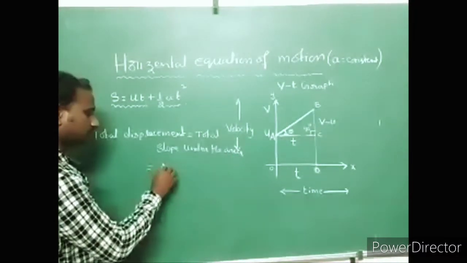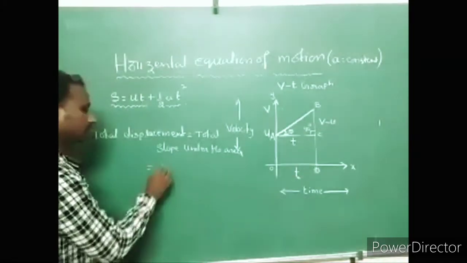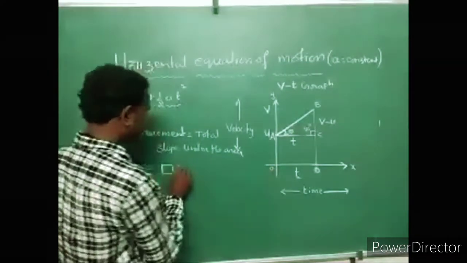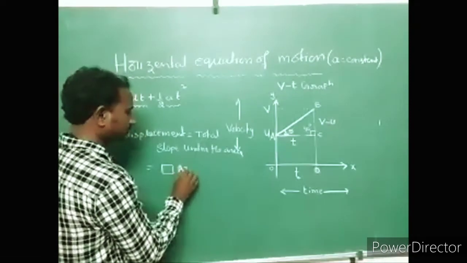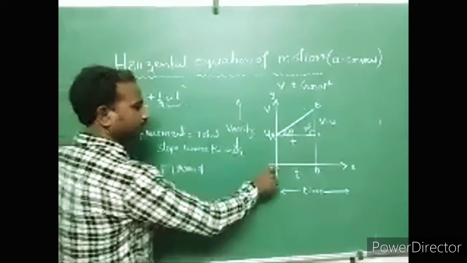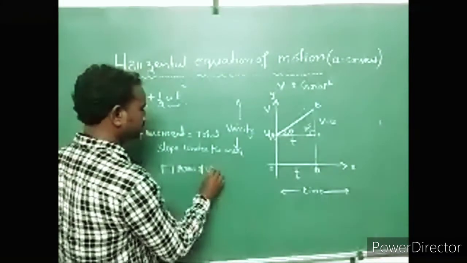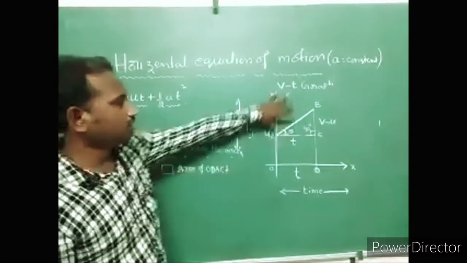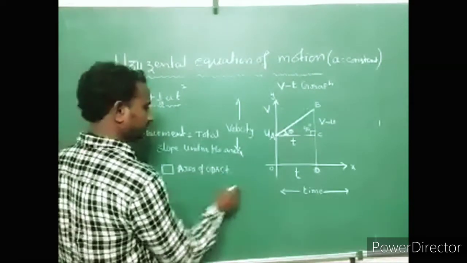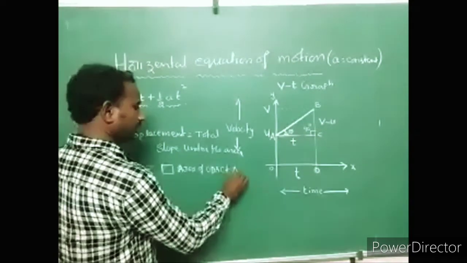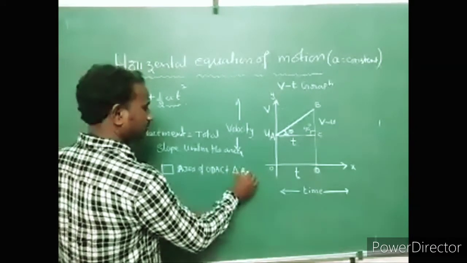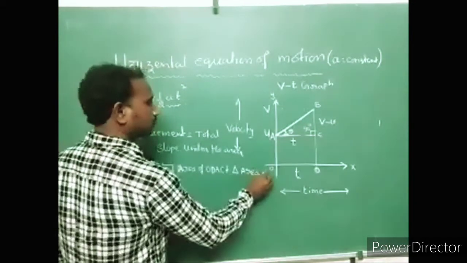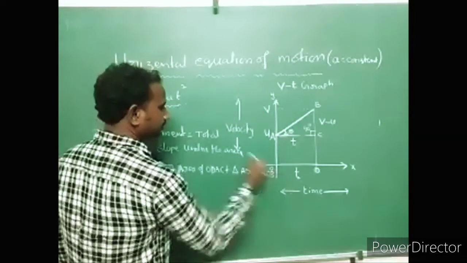First we consider the area of the rectangle ODAC, plus the area of the right angle triangle ACD.